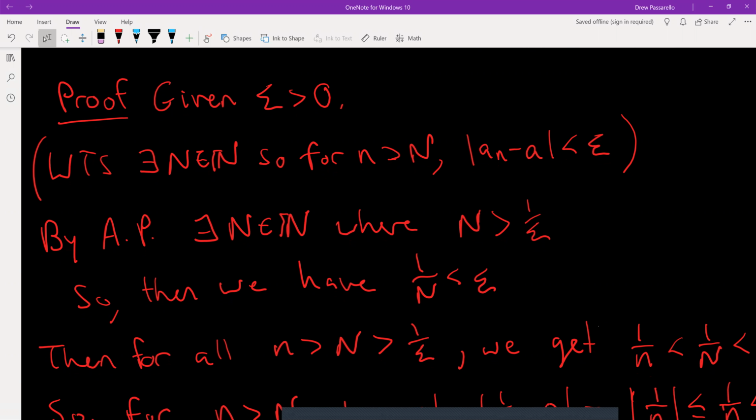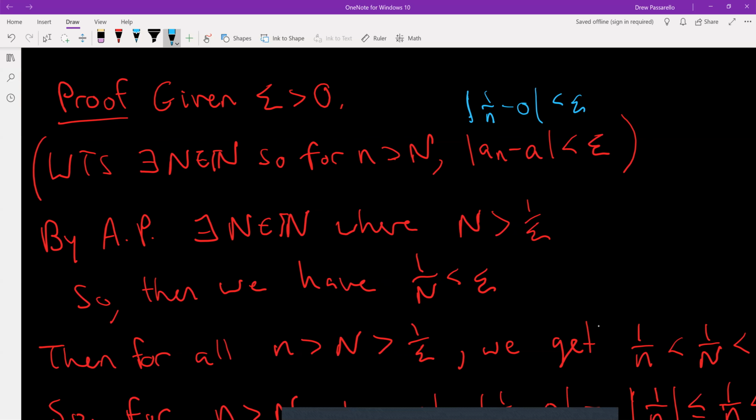Keep in mind our terms, the a_n's, have the structure 1 over n. And we're trying to prove that it converges to 0, so our a value is 0, so what we want is the absolute value of 1 over n minus 0 less than epsilon.